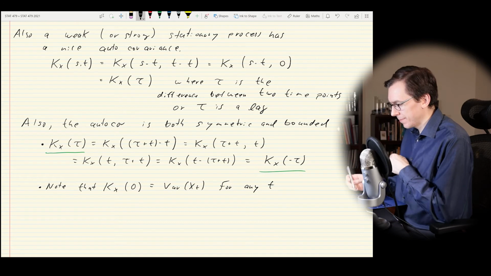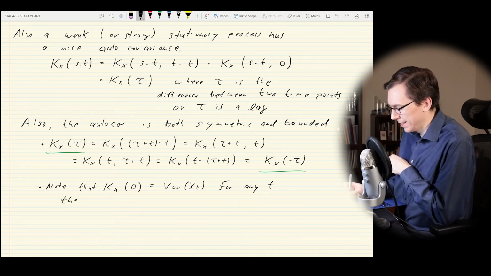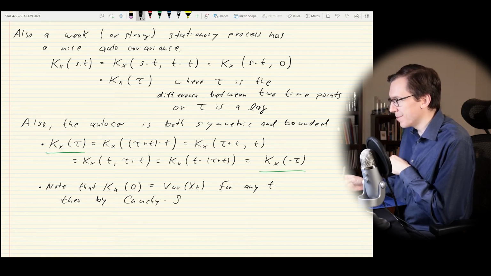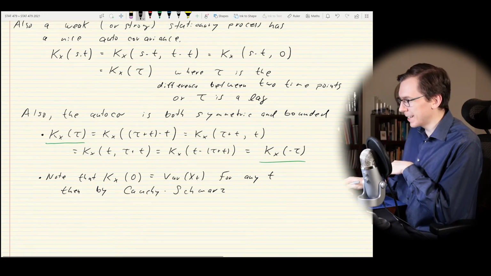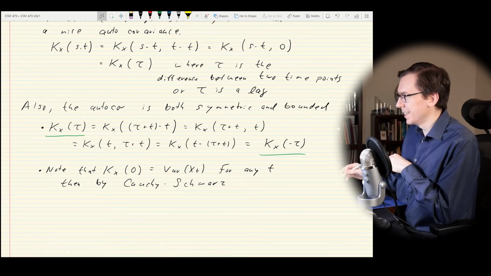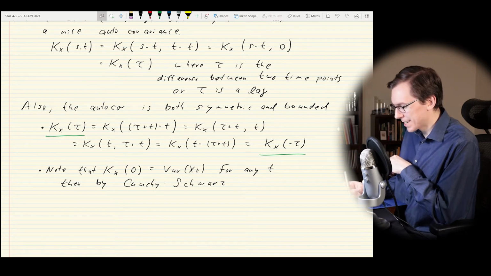We'll say then, by Cauchy-Schwarz, which is everyone's favorite inequality to use in mathematics, and super useful whenever you're dealing with covariances, variances, and the like, because it's all just inner products in disguise.